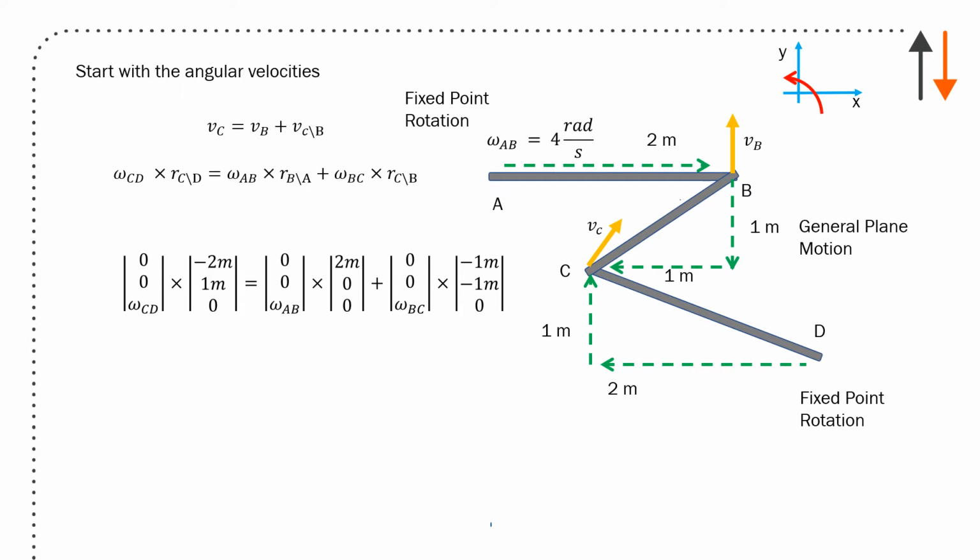That's helpful to me because I often will forget these things as I'm going through these solutions. Then I calculate omega CD, which is 2.667, 2 2/3 counterclockwise, and you can see that rotation here. You'll notice that I didn't put negative here because I've defined this as counterclockwise, so that takes care of the magnitude.